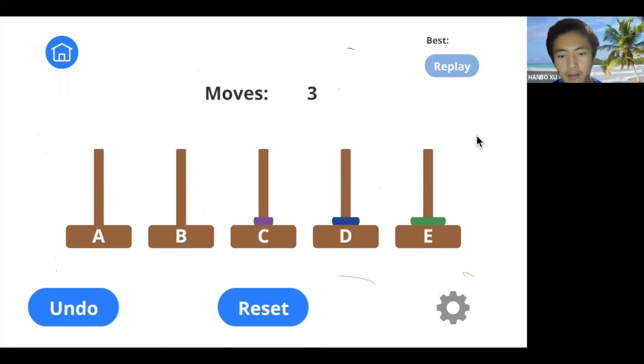Blue to E. And then, of course, we would finish with C to E. Congratulations, Lily, you got it.